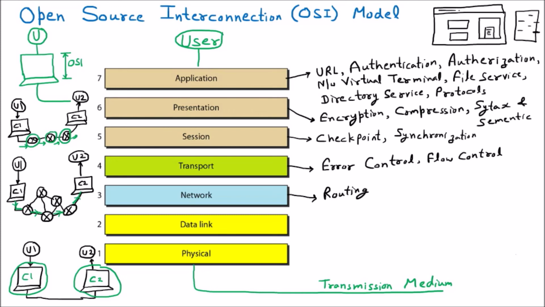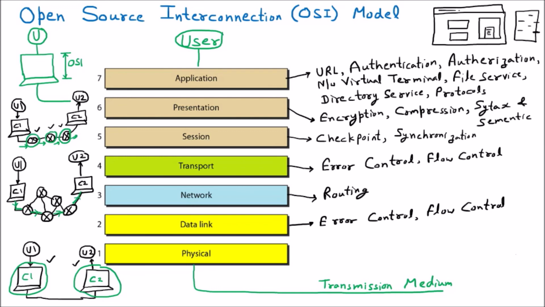So the same task the data link layer is doing, that is error control and flow control. You can see that the transport layer is doing the same task and the data link layer is doing the same task, but the transport layer does it at computer to computer level and the data link layer does it at the devices level, means devices are checked for error and flow control.